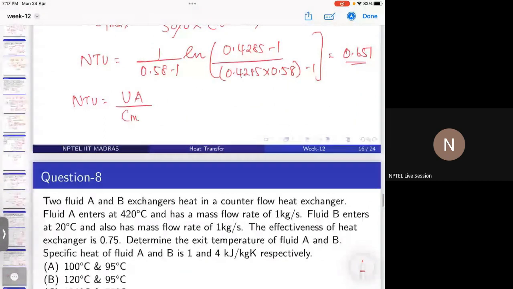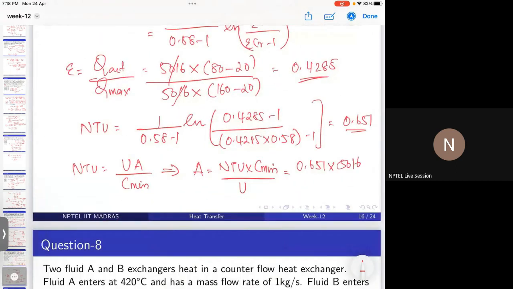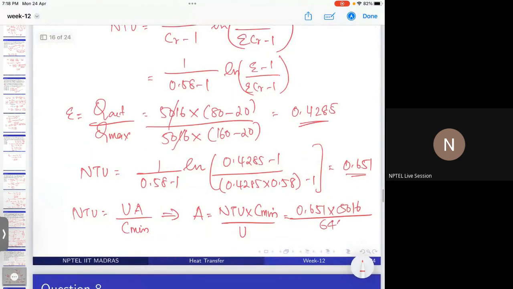From this we can find the area, which is equal to NTU into C min by U, that is 0.651 into 5016 divided by U, which is already given as 640. So this is around 5.1 square meters.